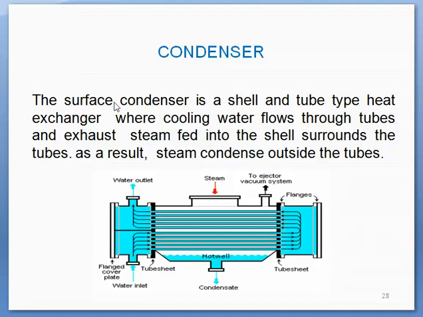Generally, we are using a surface type of condenser, which is a shell and tube type of heat exchanger, where cooling water flows through tubes and exhaust steam fed into the shell surrounds the tubes. As a result, steam condenses outside the tubes. You can see here that steam is coming inside and cooling water is flowing through these tubes.